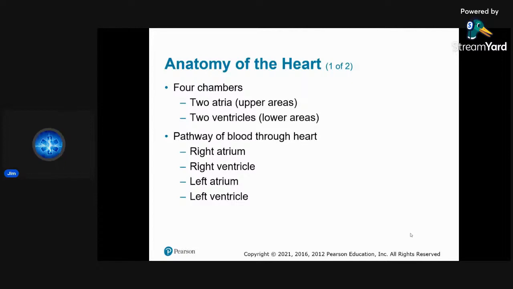The pulmonary artery carries deoxygenated blood, but it's an artery because it's taking blood away from the heart. Anything taking blood away from the heart is classified as an artery, no matter what's inside of it, whether oxygenated or deoxygenated. If it's coming back to the heart, it'll be a vein. But just know that the pulmonary artery carries deoxygenated blood, and the pulmonary vein carries oxygenated blood.